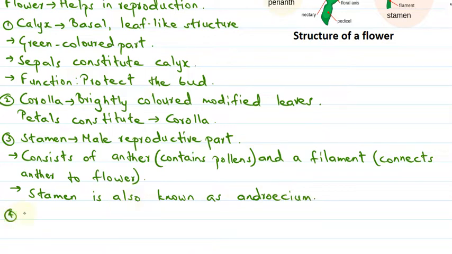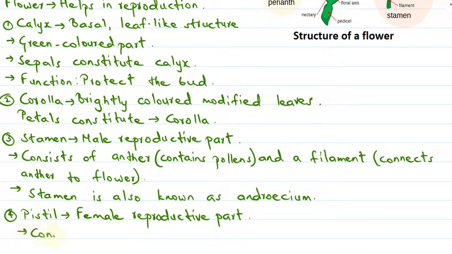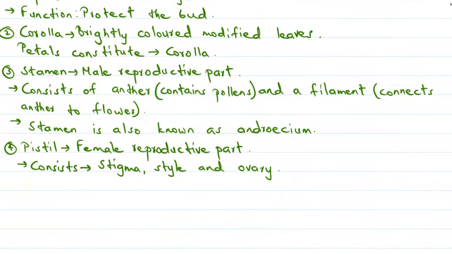Then let's study the fourth main part of the flower, the pistil. The pistil is the female reproductive part, or female reproductive organ, of a flower, and it consists of the stigma, style and ovary.